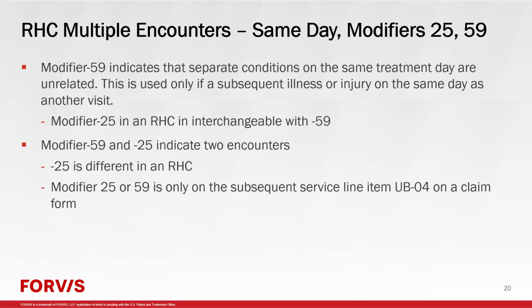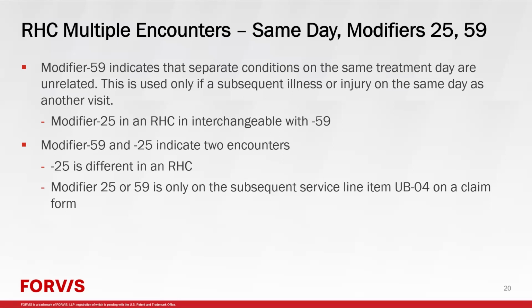So in that instance, I typically see modifier 25 with, like we mentioned earlier, that procedure. So if they come back and a procedure is performed, but not necessarily an additional medical visit, I should say, you would append that modifier 25 to the procedure.